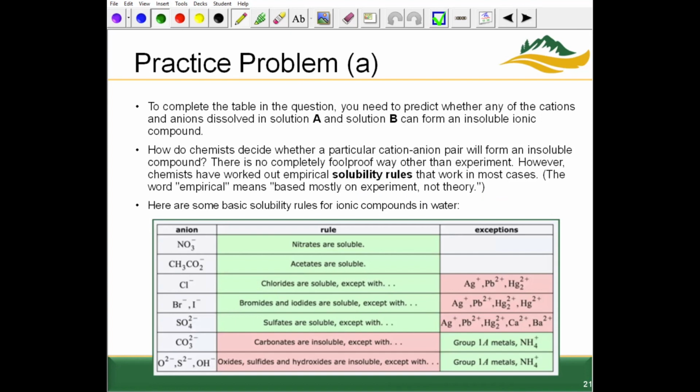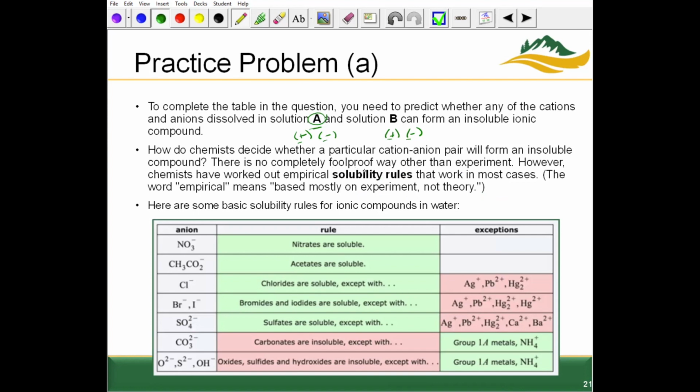In our practice problem, we have a mixture of ionic compounds where A contains a cation and an anion, and B does as well. So we're going to match up and see if any of these cations with any of these anions will form an insoluble ionic compound, or therefore if they'll form a precipitate.